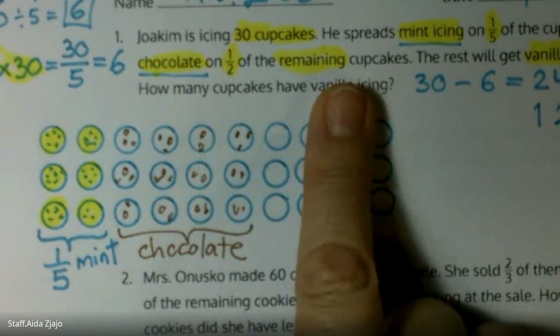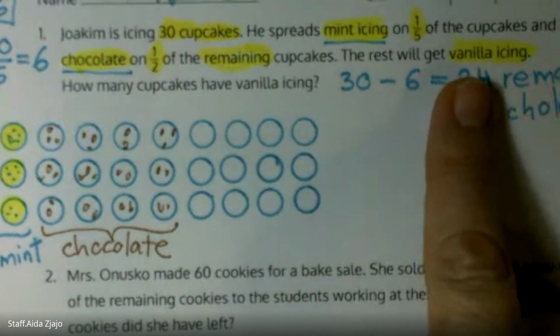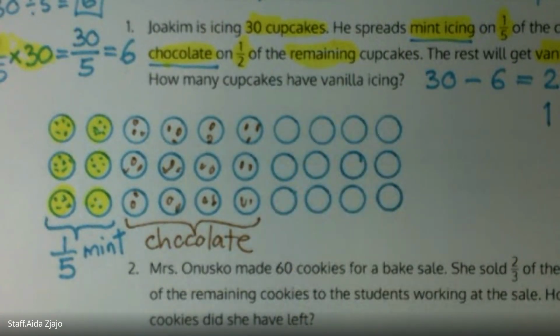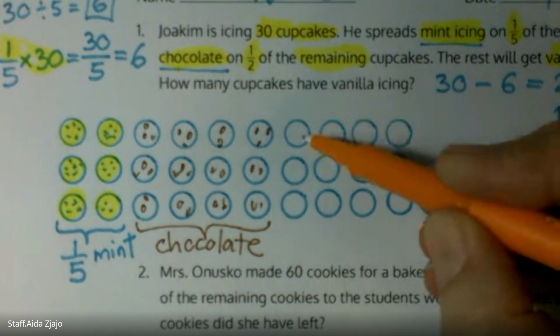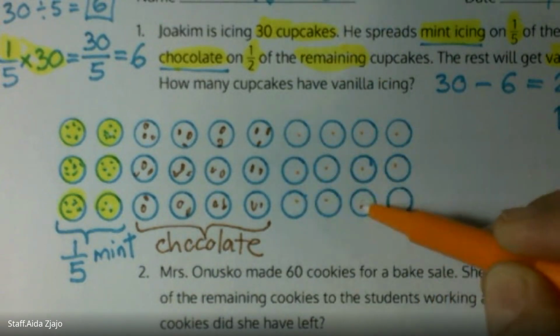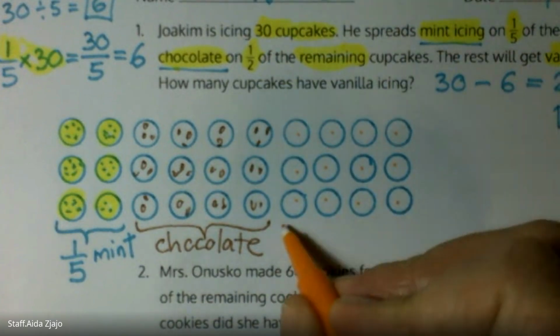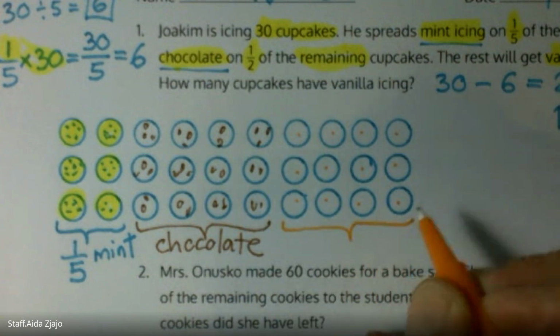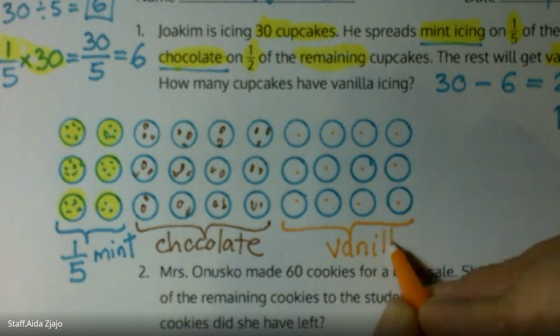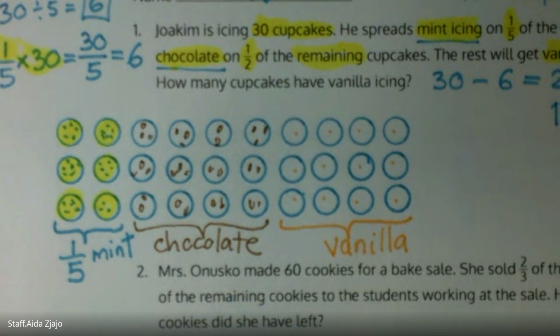So now let's go back to the story. The rest will get vanilla icing. So now it's easy. Now, this is 1, 2, 3, 4, 5, 6, 7, 8, 9, 10, 11, 12. So 12 of the remaining will be vanilla icing.